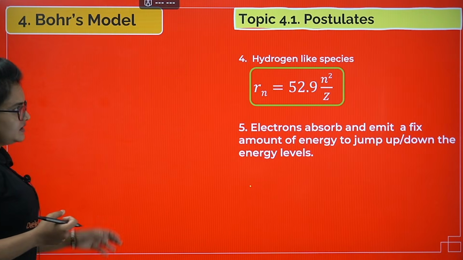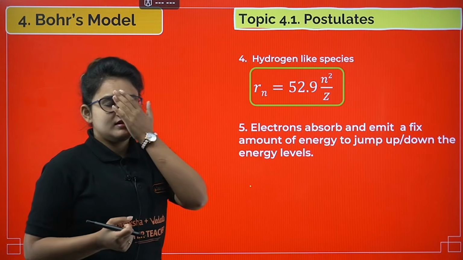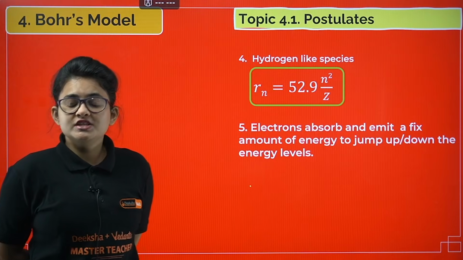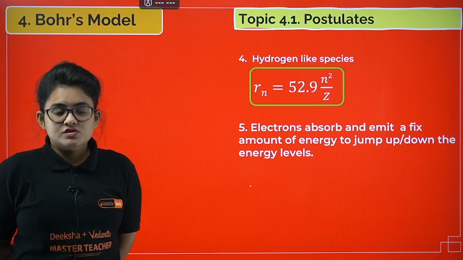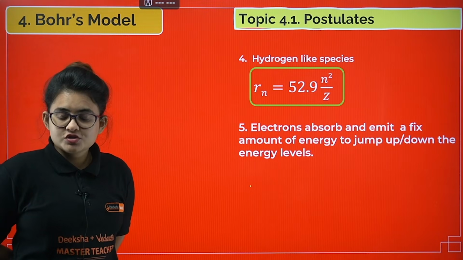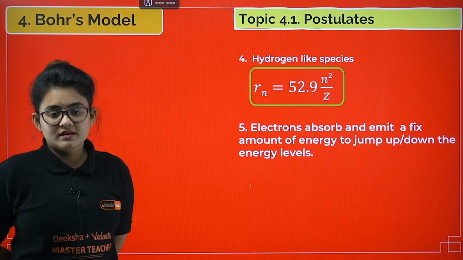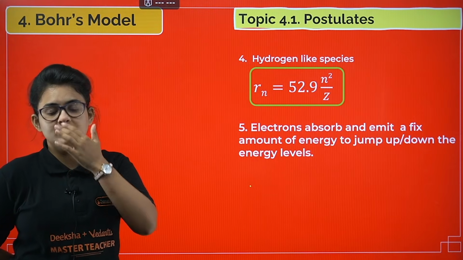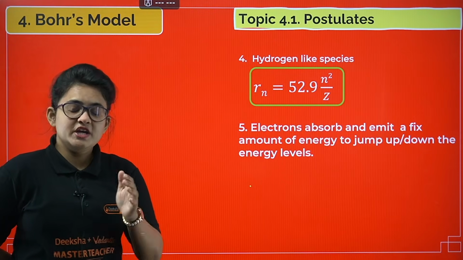One more thing to be told here: the electron will rotate only in those stationary orbits for which the orbital angular momentum equals n times h by 2 pi.